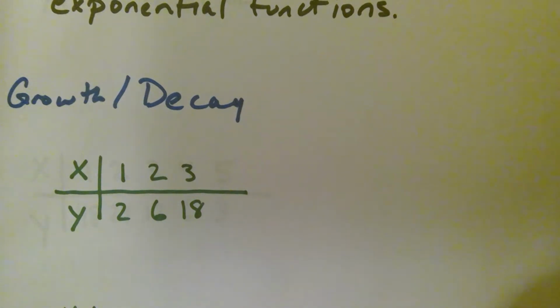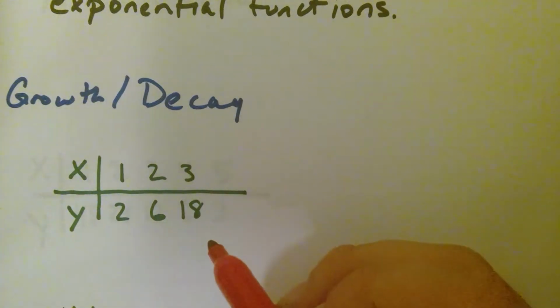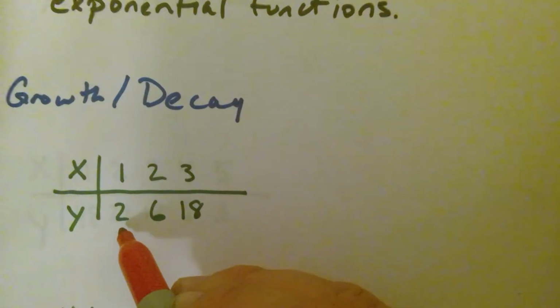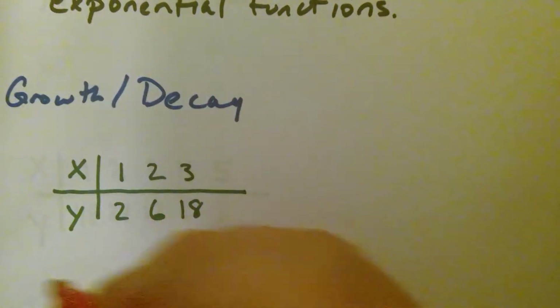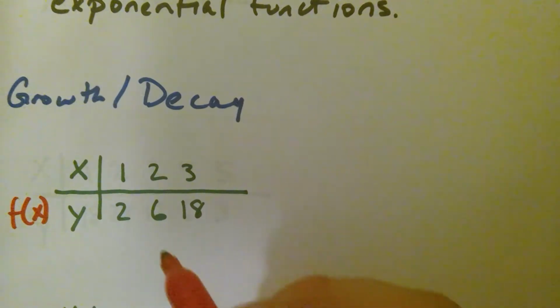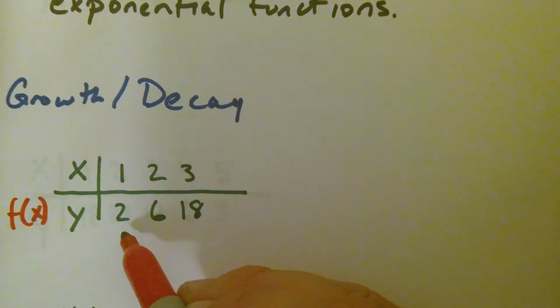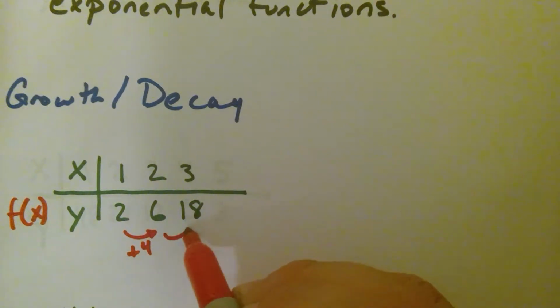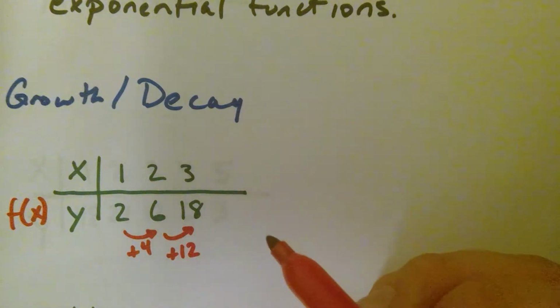So first off, we have a table here, and we're going to look at growth and decay. Growth is when we look at our y values, or f of x values, and those are getting bigger. So it's increasing by 4, increasing by 12.